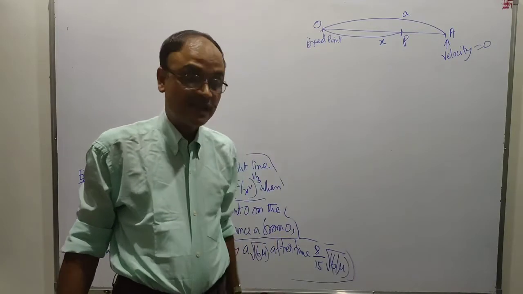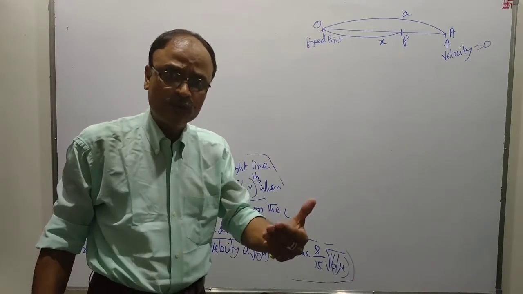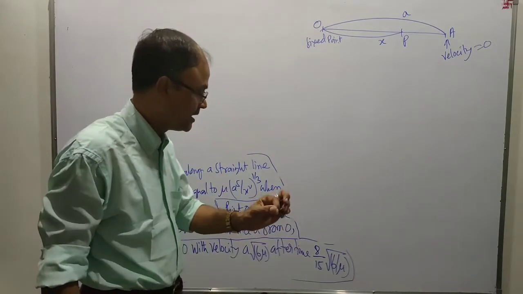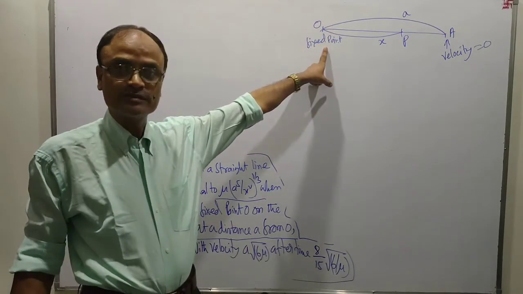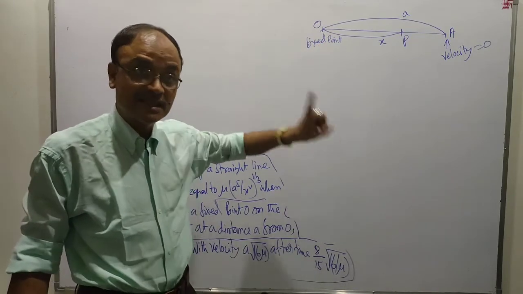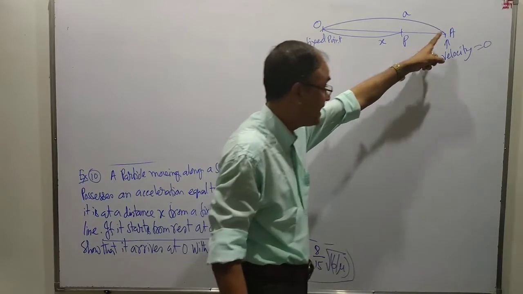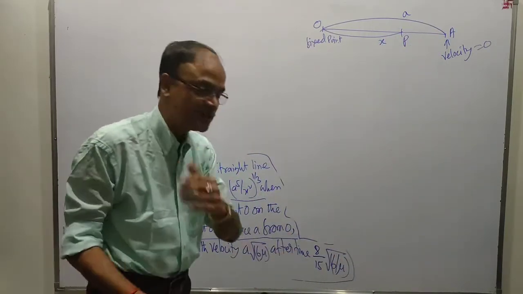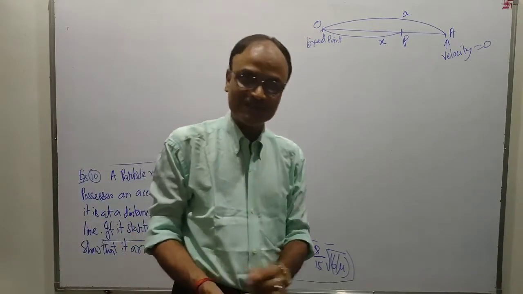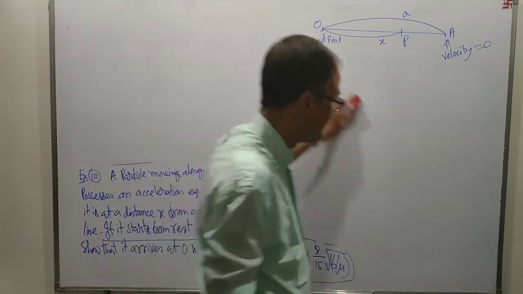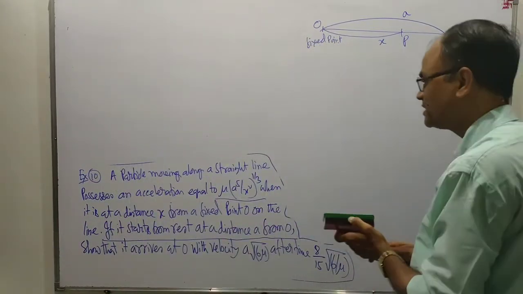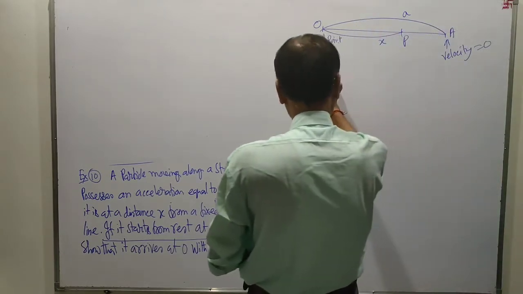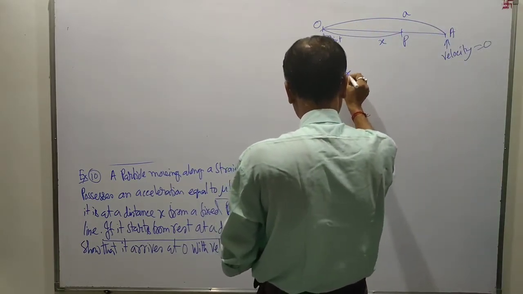That is question number 1. Question number 2, the time taken to reach the center of force, that is the fixed point, that is time taken from A to O is 8 by 15 root over 6 by mu. We are going to prove this. First, let me write, let O be the center of force.